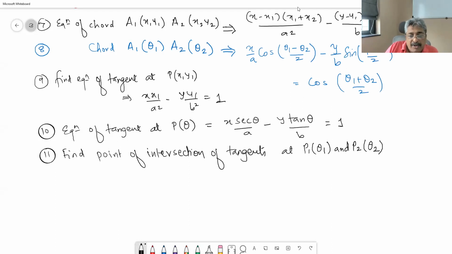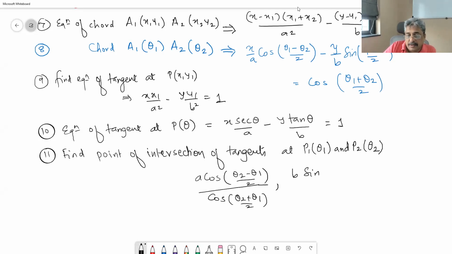Okay, the answer for the point of intersection is a cos((theta 2 minus theta 1) upon 2) divided by cos((theta 2 plus theta 1) by 2), comma b sine((theta 2 plus theta 1) by 2) divided by cos((theta 2 plus theta 1) by 2).